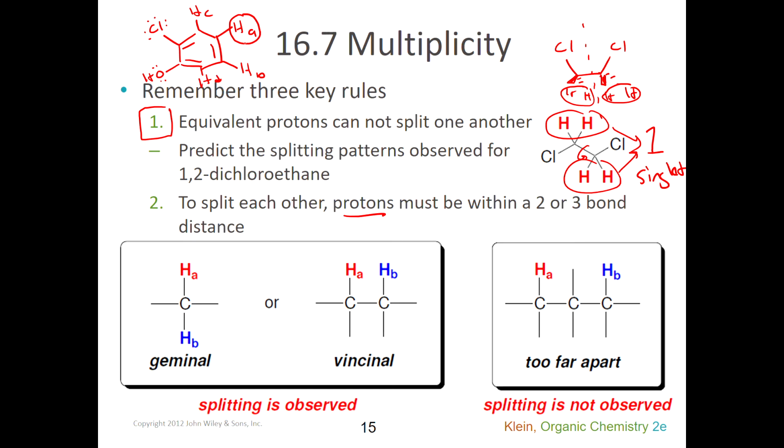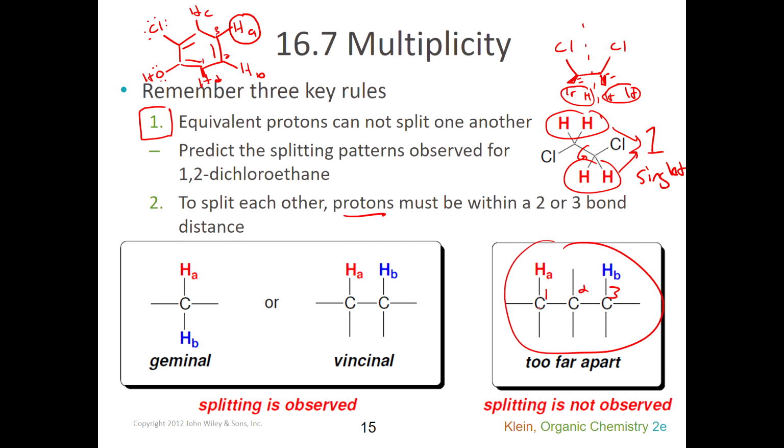And the splitting pattern for A would be pretty complicated, because one carbon away there's a non-equivalent hydrogen to A, which would split it into a doublet. One carbon away over here there's a non-equivalent hydrogen to A, which would be split into a doublet. And normally a hydrogen like hydrogen D that's 3 atoms away from hydrogen A would not split it, and that's what we're talking about down here.